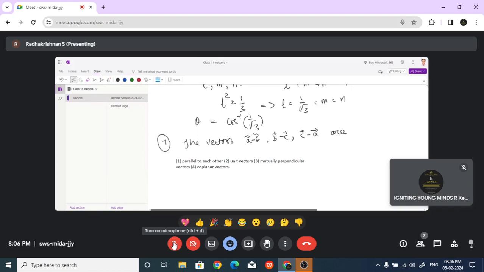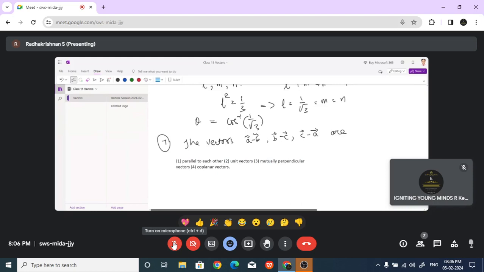Sundaresh and Tino? Sir, first and second options are not, sir. Okay. They need not be parallel, right? So parallel means it has to be a scalar multiple of the other vector. It is not like that. And unit vector, yeah. So which of the 2 other options?